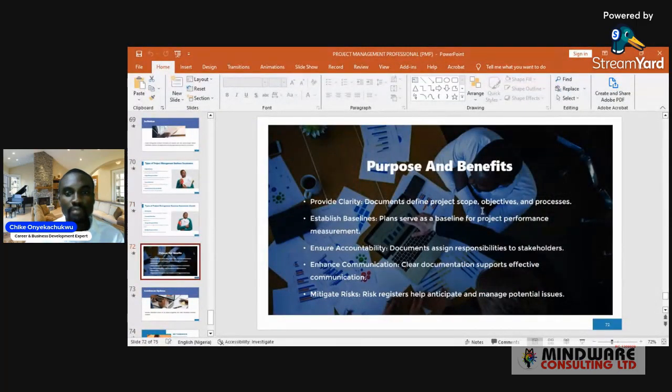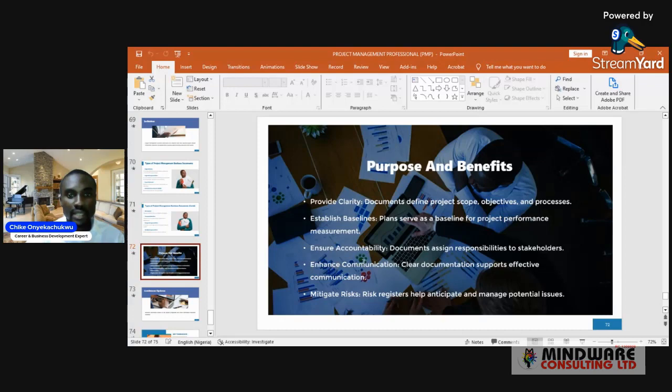Now let's look at the purpose and benefits of the project management business documents. Number one, they provide clarity. Documents define project scope, objectives, and processes. So it gives clarity to you as a project manager. It helps you to establish baselines, performance measurement.